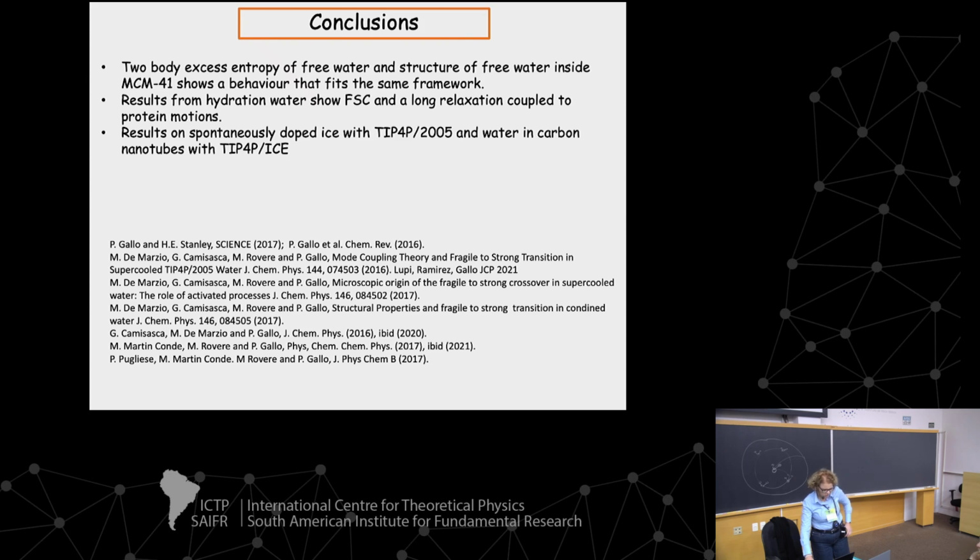And also results from hydration water show that we have a fragile to strong transition in the alpha relaxation. MCT works, and the long relaxation is coupled to protein motion, and this appears to be the reason for these cryoprotecting properties of trehalose. We have seen also doped dyes and carbon nanotubes.